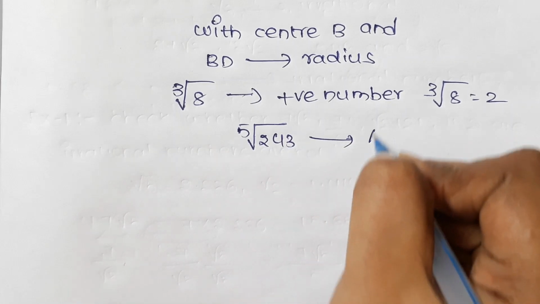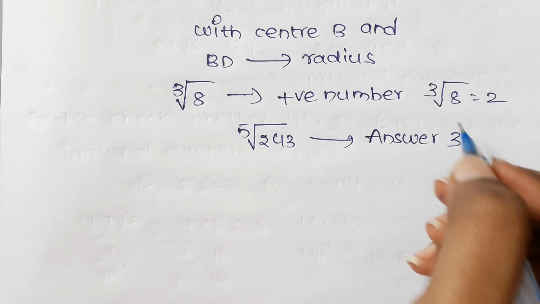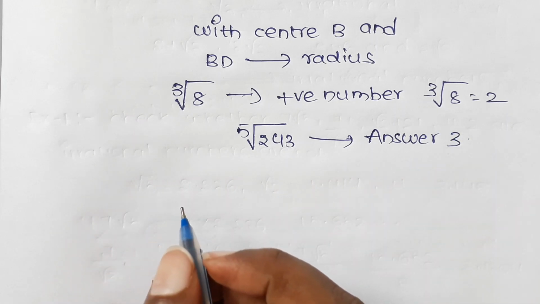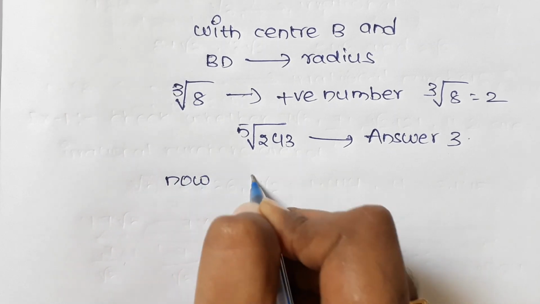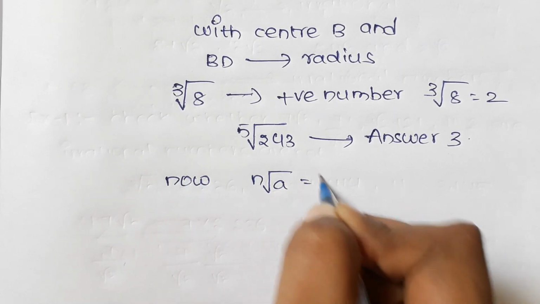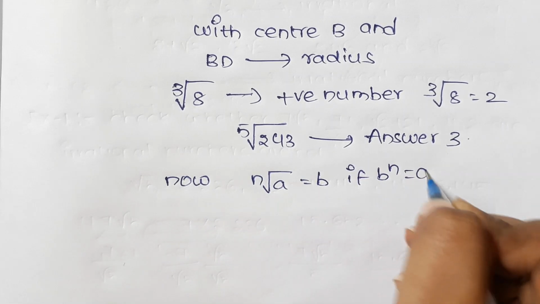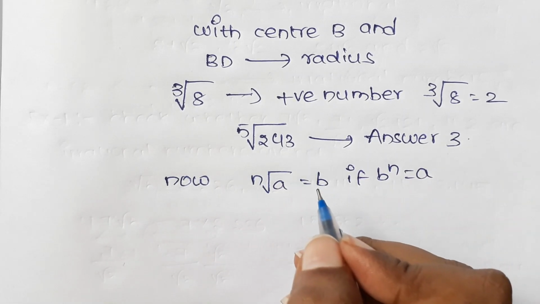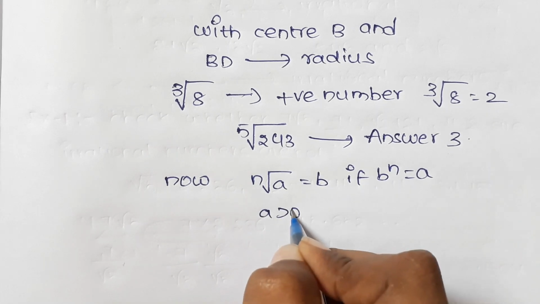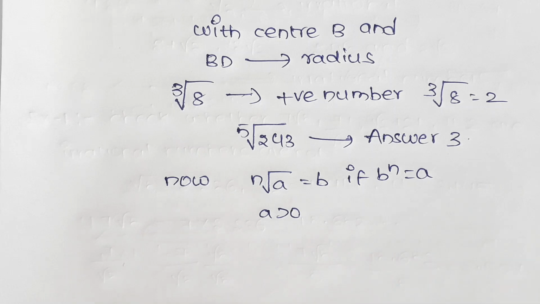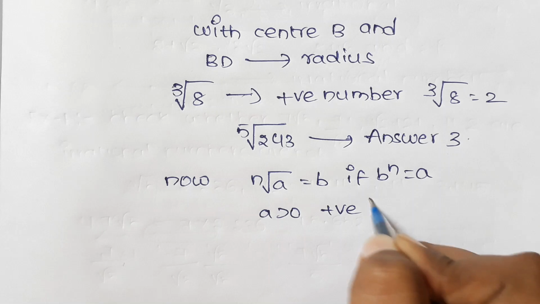Here the answer is 3. And now similarly we can find it for any number, that is now nth root of a equals b if b power n equals a. This n is taken to RHS, that is b power n equals a, we will get for a greater than 0 be a real number and n is a positive integer.